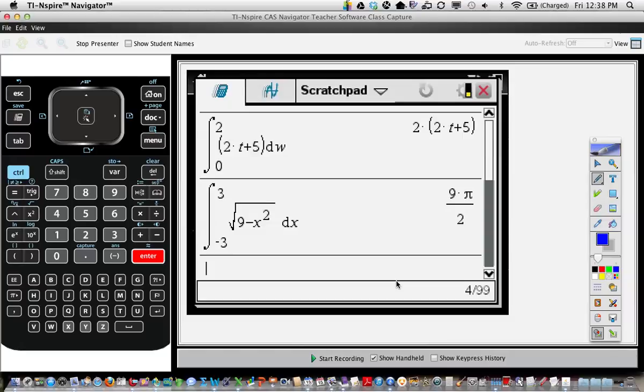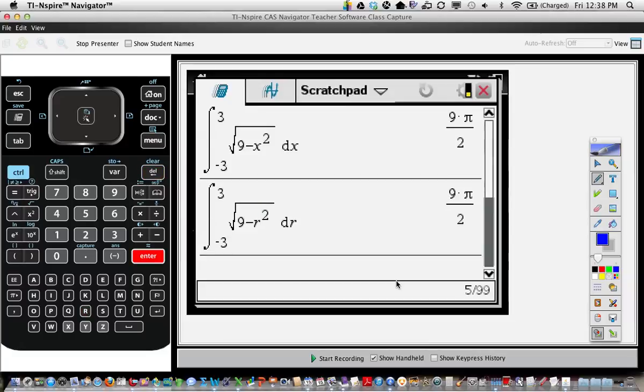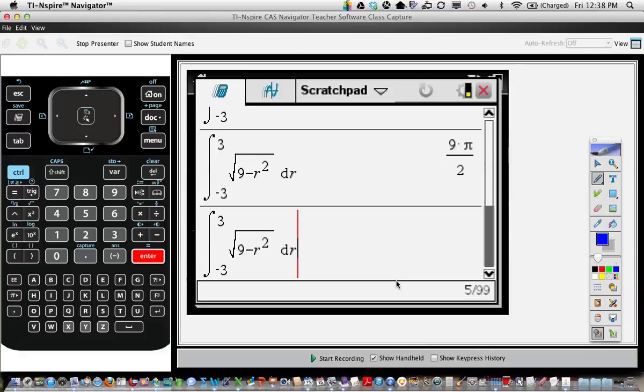Now change those to r's. And this is a thing that the non-CAS calculators can't do. See, the CAS calculators can deal with r's and letters as constants, where those calculators cannot. Except you have to do negative r to r. Remember? And these aren't r's, I'm sorry. These stay x's.